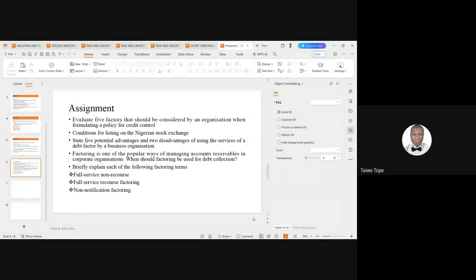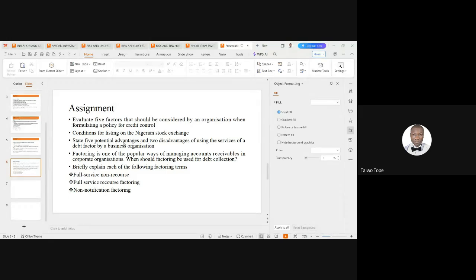Tomorrow, I want us to look at cost of capital. It is very important you start learning those things now, because the exam is here. Cost of capital will come in the exams, so there is no story about it. You will see questions on it, so you must know it.